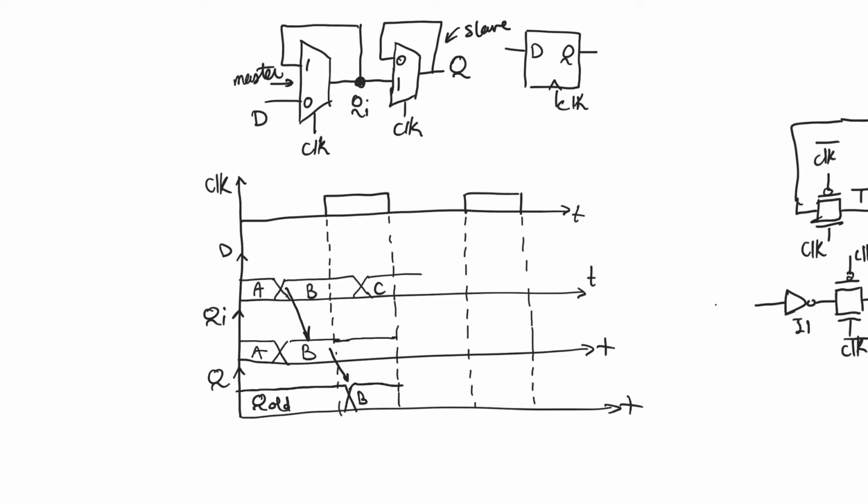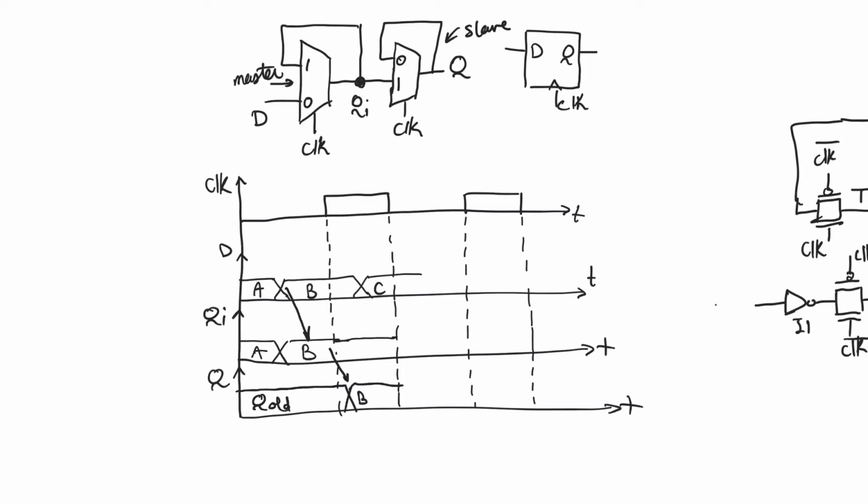Notice that between D and Q, we do not have any chance of creating a direct connection. This is because when the master latch is transparent, the slave latch is opaque and vice versa. So D and Q are never directly connected.